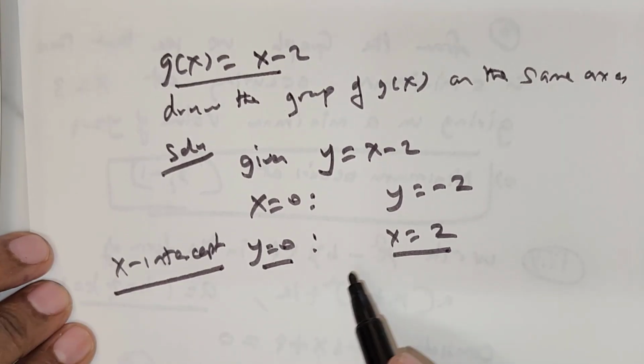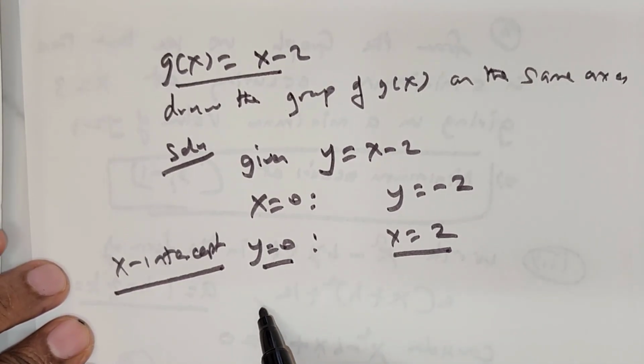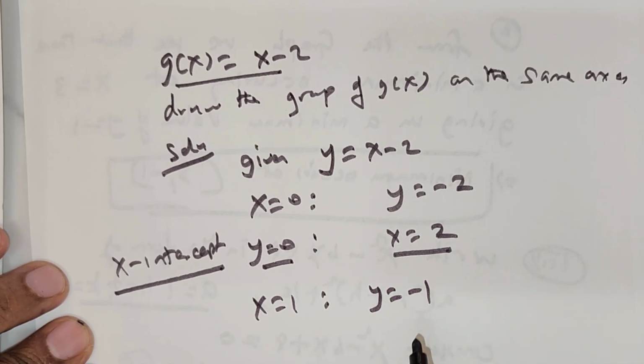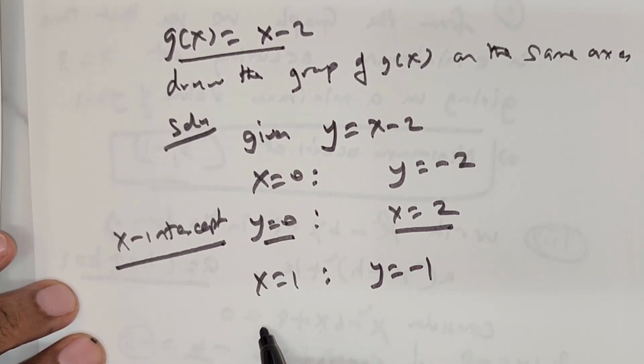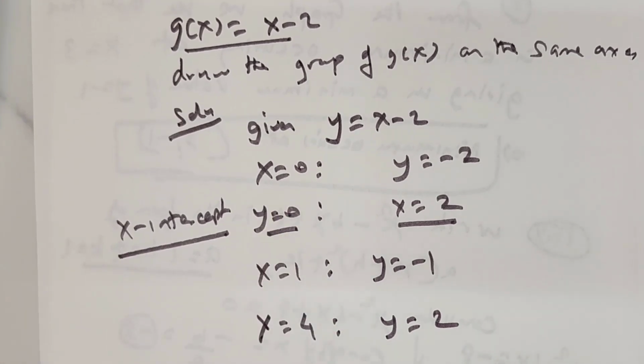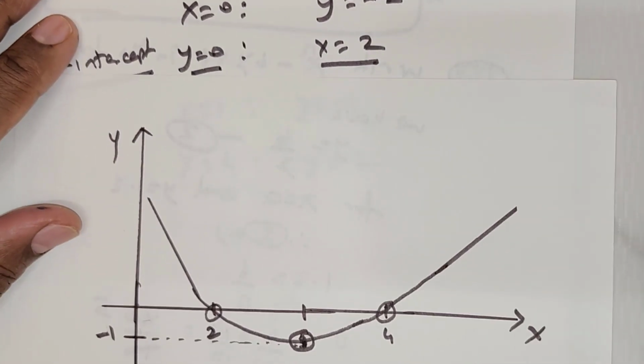Now you can have one or two other points. Say when x is equal to 1, y is equal to what? Substitute x is equal to 1, y is equal to -1. And say when x is equal to 4, y is equal to 4 minus 2, that's going to be 2. So we can just use these points and draw the graph.